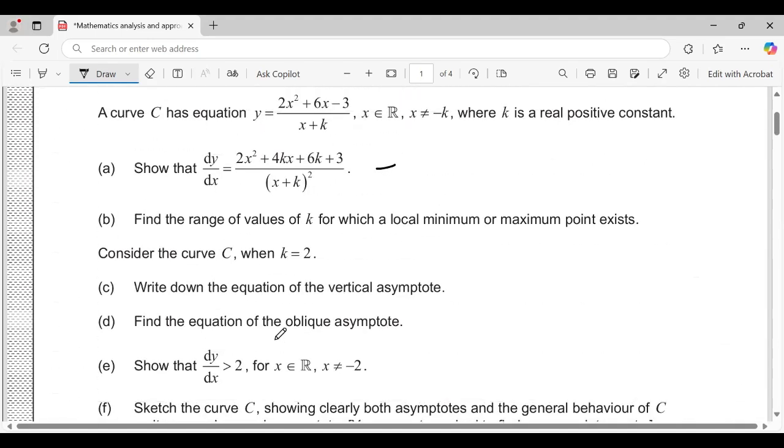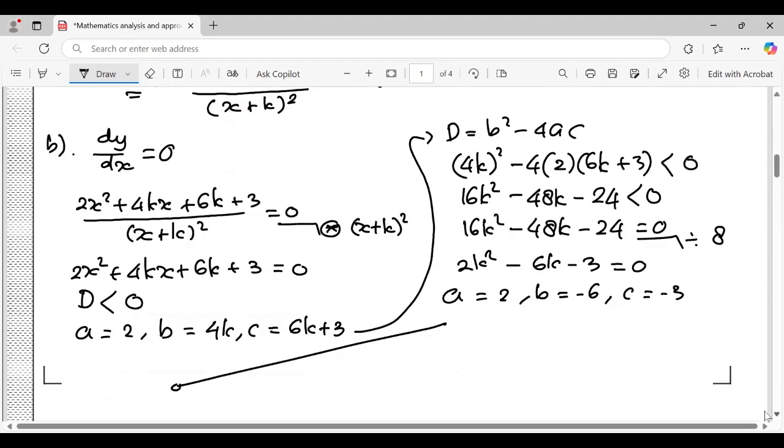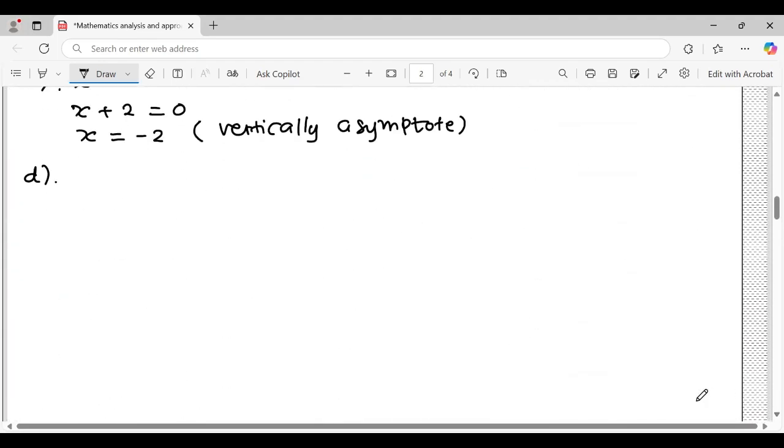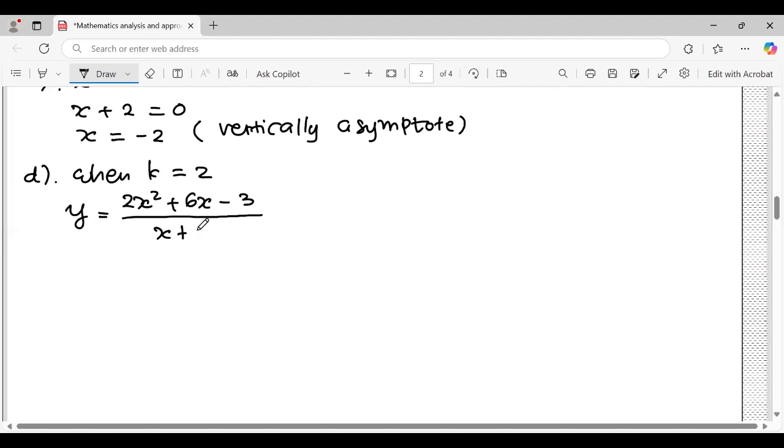Find the equation of the oblique asymptote. When k equals 2, the function becomes y equals 2x squared plus 6x minus 3 over x plus 2.